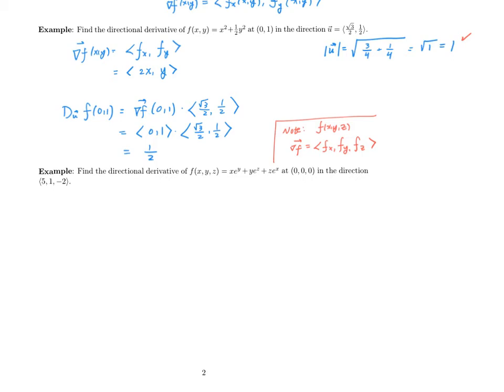We can generalize to a function of as many variables as we would like, though we typically don't go past 3 or possibly 4.